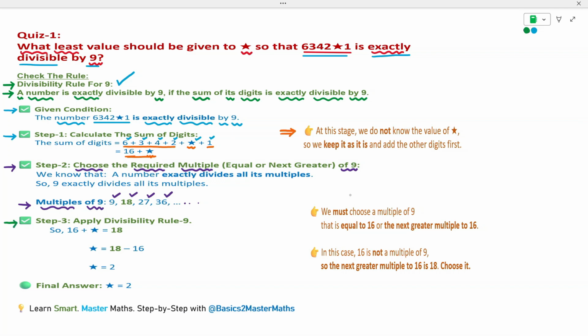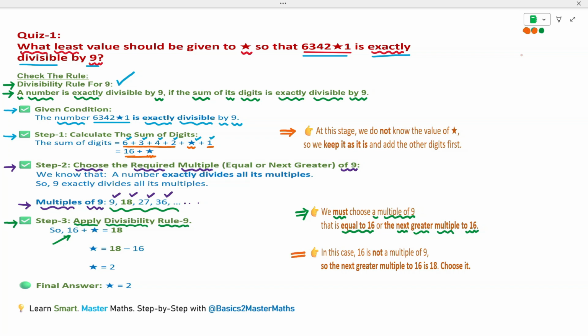Step 3. Apply the divisibility rule 9. Observe here, we must choose a multiple of 9 that is equal to 16 or the next greater multiple to 16.